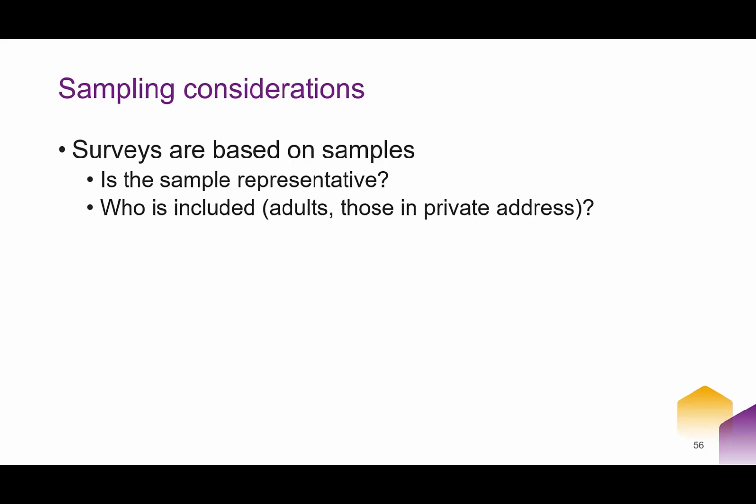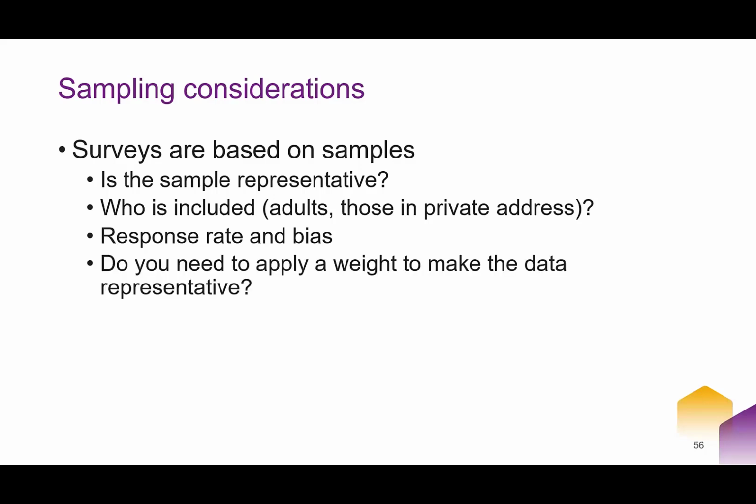Has it missed those who are in things like care homes or who might not be registered the same way as everyone else? What was the response rate like? And is there any information about differential response across the population? This will tell you about any potential bias. And you'll also need to know whether you need to apply a weight to make sure the data is representative.